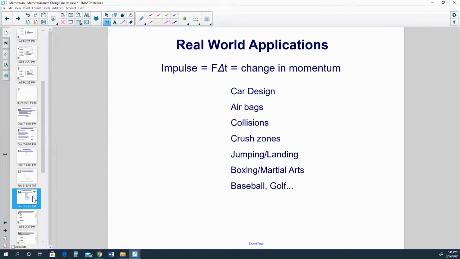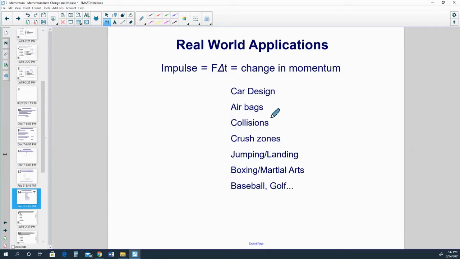Now, some real world applications in which the concept of impulse is applied, trying to increase the amount of time in which the force is applied. A lot of that happens in car design. For example, airbags help reduce the force by increasing the time it takes to stop an object from moving. In this case, it would be you, the person, because you'd be cushioned by an airbag as you continue to move forward after a car stops, instead of just hitting the dashboard.